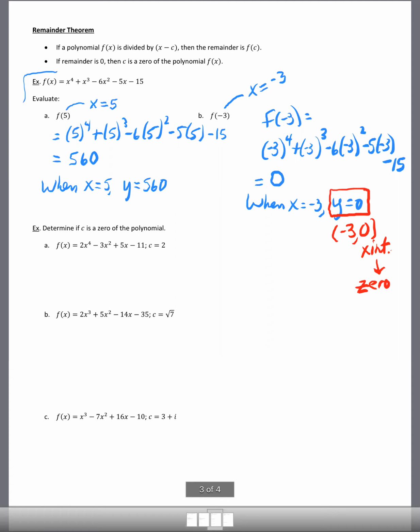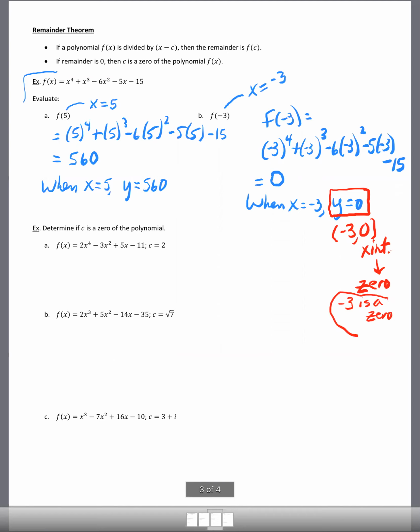So if we can find the function value, and the function value happens to be 0, then you've established the fact that -3, what we were substituting in, will be one of our zeros.